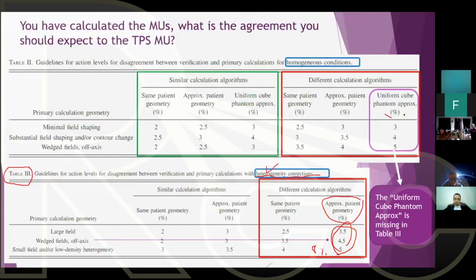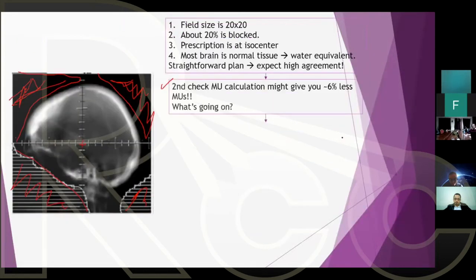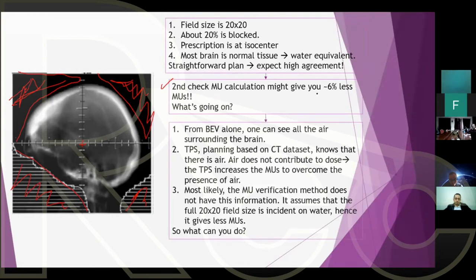It's assuming the entire field size is incident on water. Well, water contributes to scatter, so I have high phantom scatter, so I need less monitor unit. The scatter contributes to dose, right? So you find that the second MU check gives you less MU.